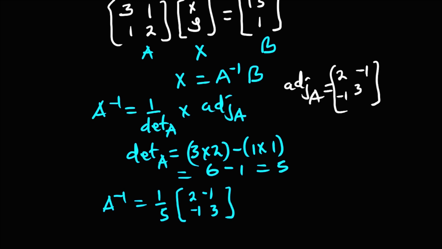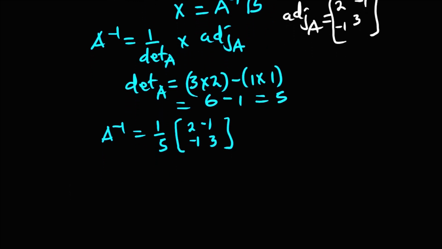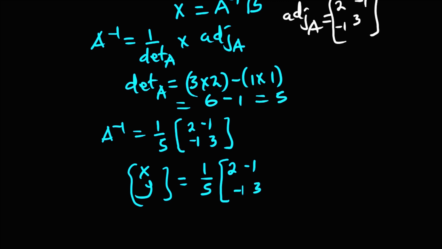So when we have this information, we can now obtain the value of the matrix X, that is x, y. Just take the inverse of A, which is 1 over 5 into 2, minus 1, minus 1, 3. Then you multiply by matrix B, and matrix B was 13, 1.